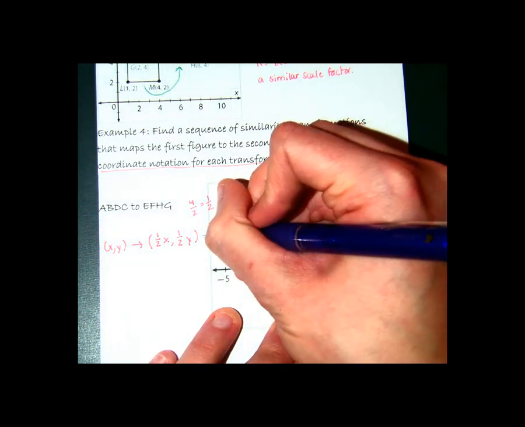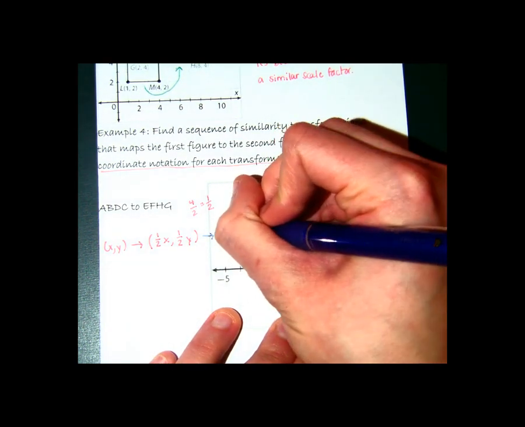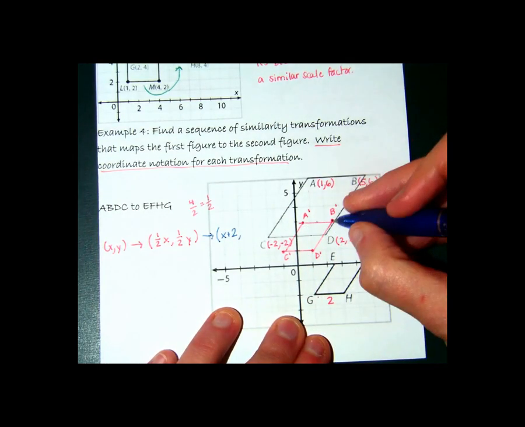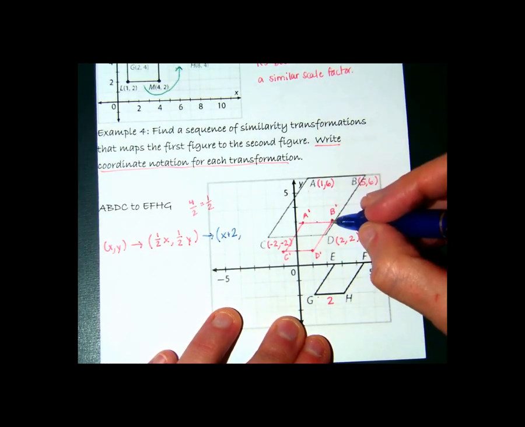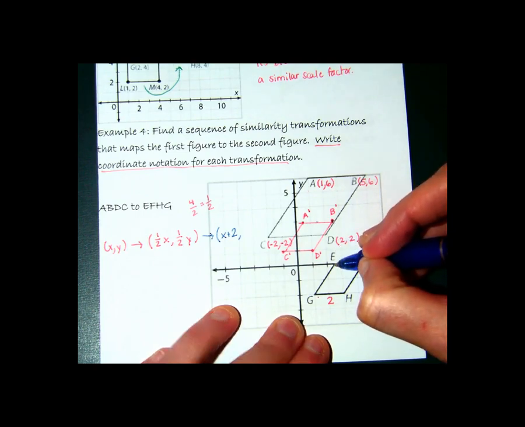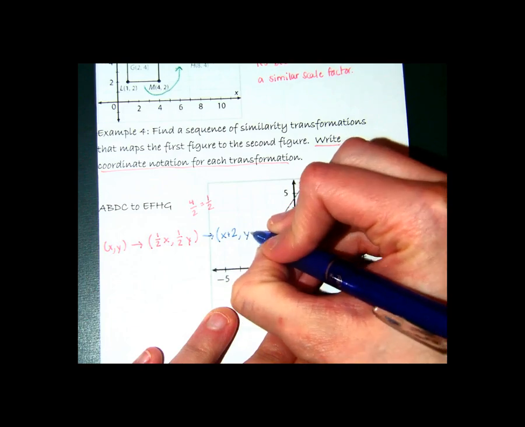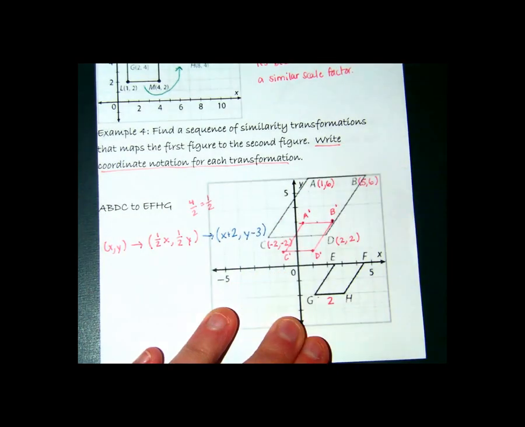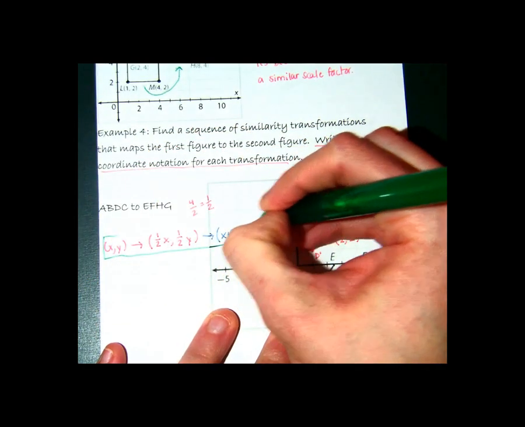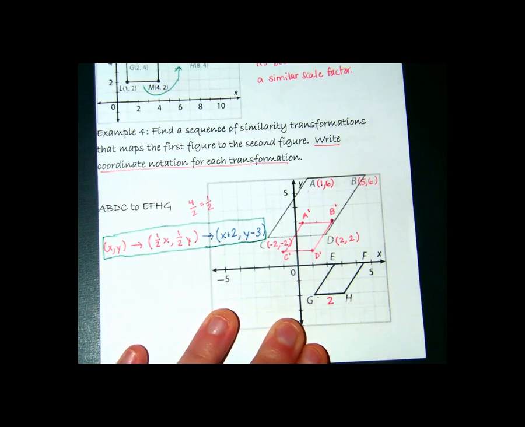So I'm going to do x plus 2, which means it would be right here. Now let's think about y. I now need to move it down 1, 2, 3 to get it on top of the E. So y minus 3 because I moved down. This is my sequence of transformations. That is all I have to write. The graph is just for your benefit.